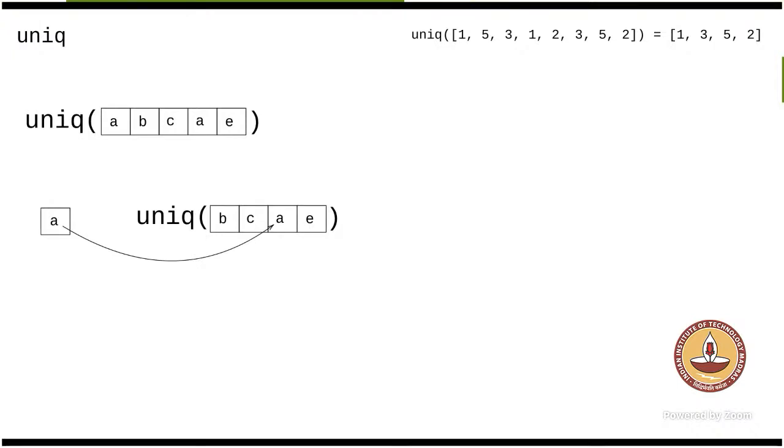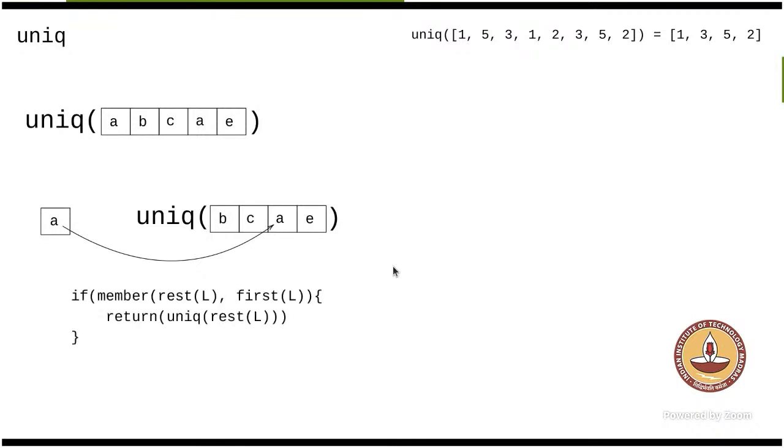Return unique of the rest of the list. Yeah, that's the catch, right? You have to return the unique of what? Rest of list. Rest of list.